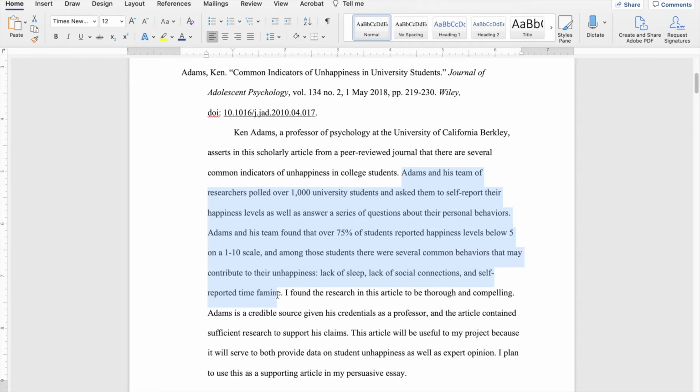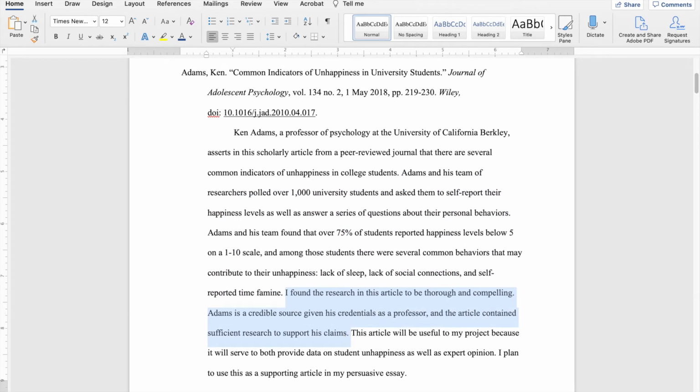Adams and his team found that over 75% of students reported happiness levels below 5 on a 1 to 10 scale, and among those students there were several common behaviors that may contribute to their unhappiness: lack of sleep, lack of social connections, and self-reported time famine. This is a general overview of the central finding, or key summary, of what his study concluded.